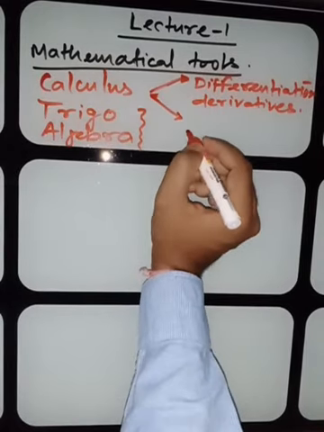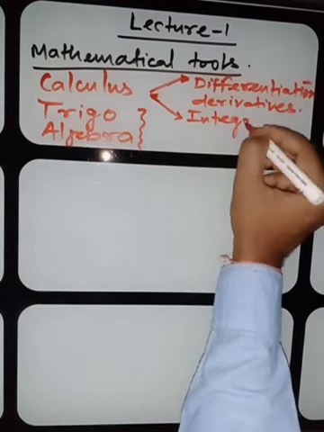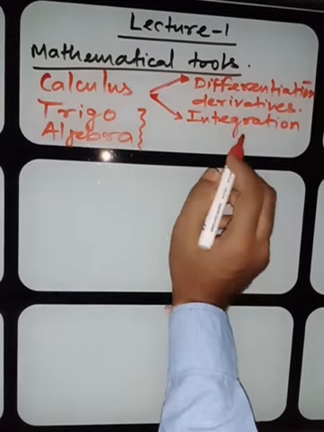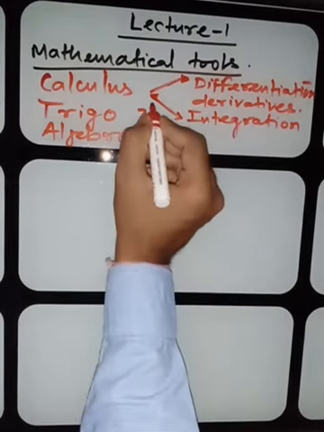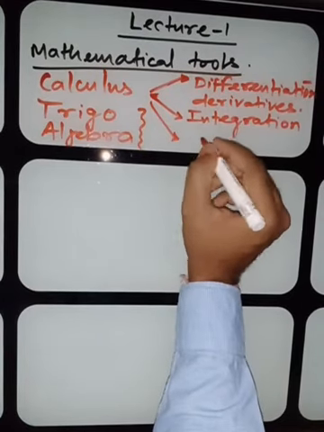The second thing will be integration. This integration is the reverse process of differentiation, that is the derivative. And the third thing is the rate measure or the graphical study.